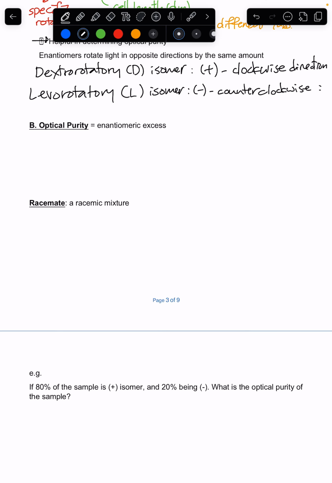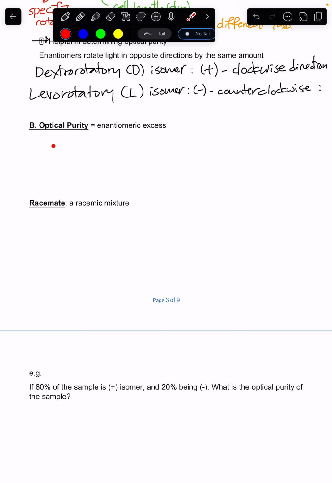And so, as we mentioned, what you do with the polarimeter measurement is you typically want to determine the optical purity, which is the same as enantiomeric excess. And the reason is, if you have excess of one enantiomer, it should bend the light in one direction, and that is directly correlated to the optical rotation that you measure.